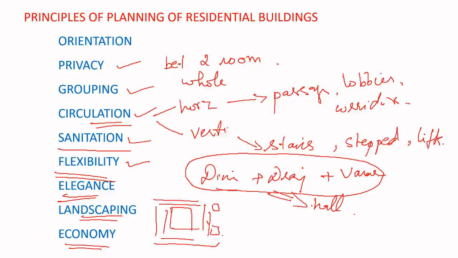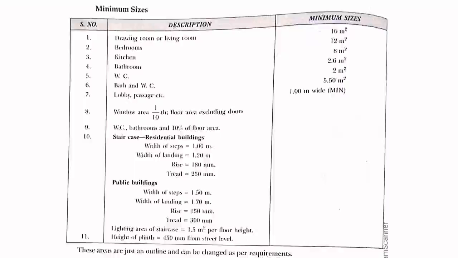Next, last is again economy, that is the cost of the building should be within the economical reach of its builder. Now, some basic concepts. What about the sizes of different components in the building? The minimum size for a drawing room or living room is 16 square meters, normally 4 by 4 meters.